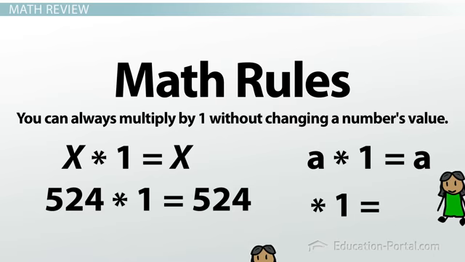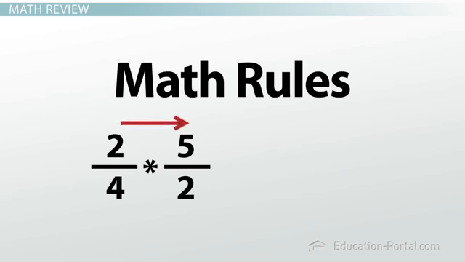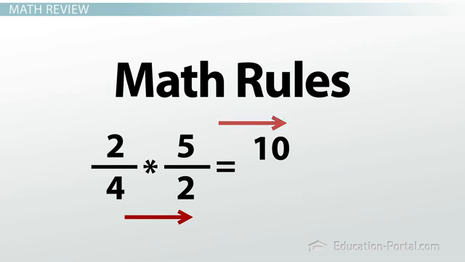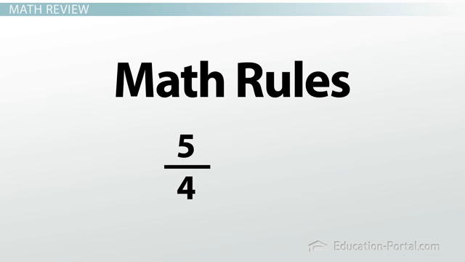Next, let's take a look at some of the properties of fractions. You would solve 2/4 times 5/2 by multiplying across the top to get 10 and by multiplying across the bottom to get 8. But because you have the same value, 2, in both the numerator and the denominator, these numbers can cancel out, reducing the amount of work you would need to do in the end by simplifying the 10/8 fraction to 5/4.